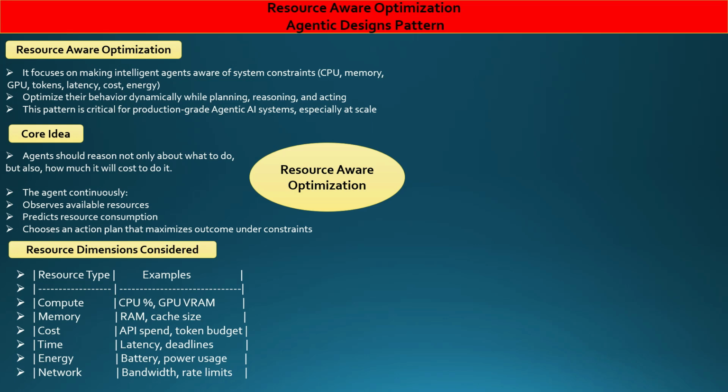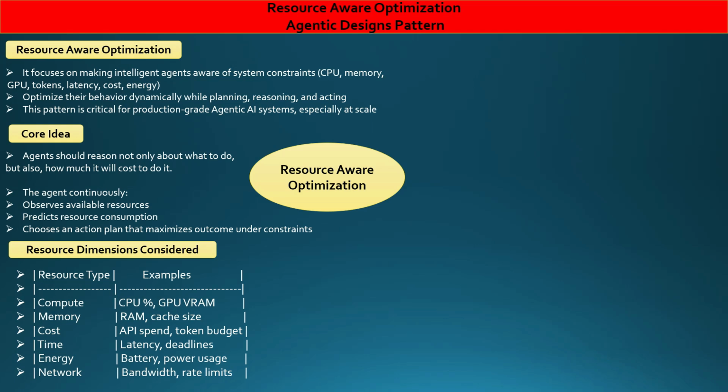Next is network bandwidth and rate limits. These are API call limits and available bandwidth, and they matter because if throttling happens, calls will fail. There is also network delay, like network spikes. Each resource dimension acts as a boundary condition that shapes how an agent thinks and acts.